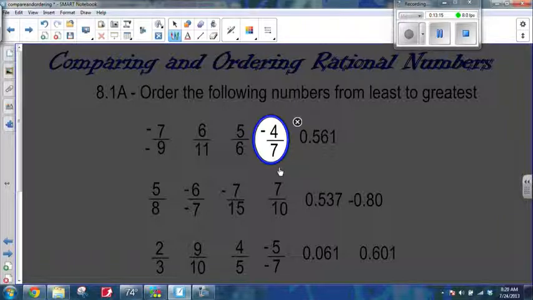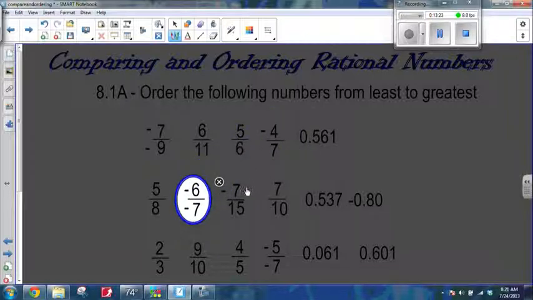So can you spot a positive number and a negative number? Well, let's see. Is this number positive or negative? Correct. It is positive because it has two negative signs. The negative divided by a negative is a positive. Is this number negative or positive? Correct.